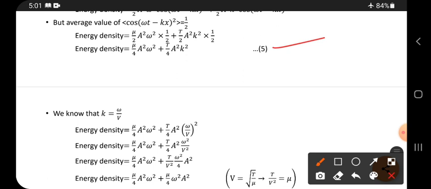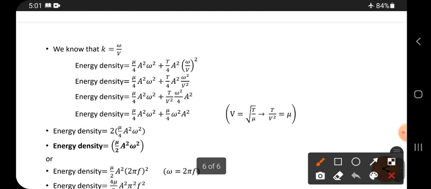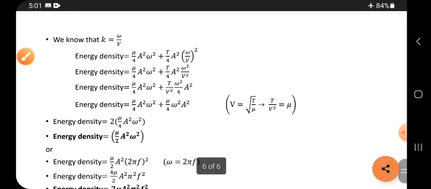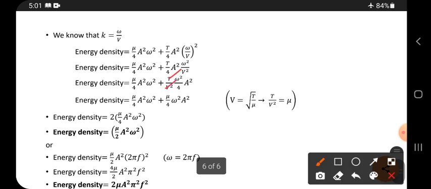Keep it like this, and we know k is equal to omega by v. So in the place of k in the energy density, omega by v is substituted, and k square becomes omega square by v square. Take this v to the other side under T, then it is T by v square.